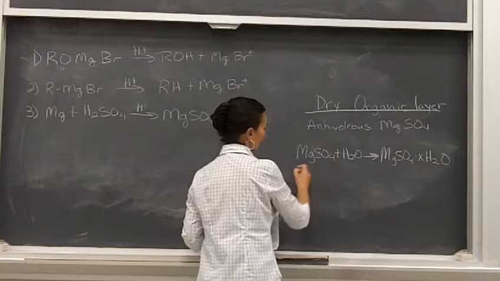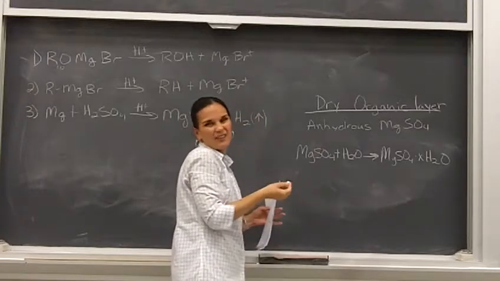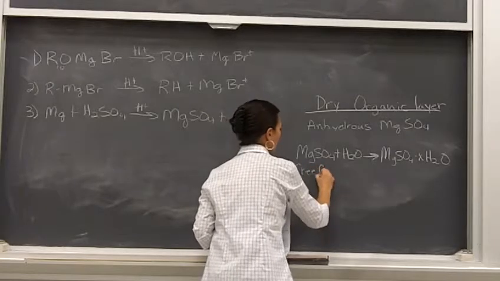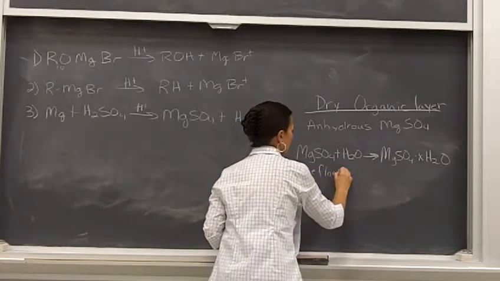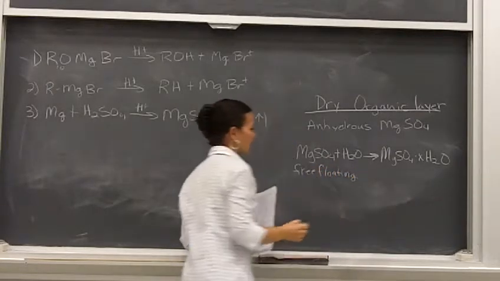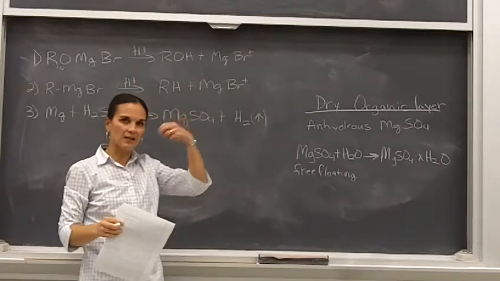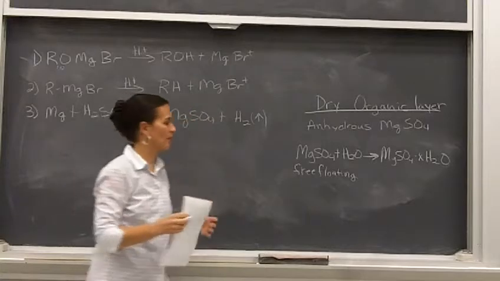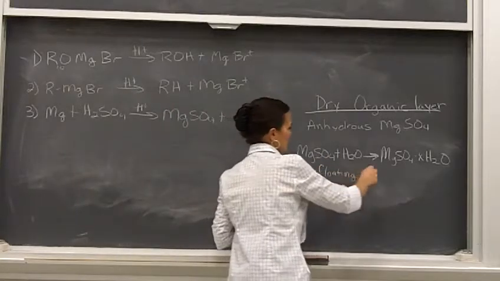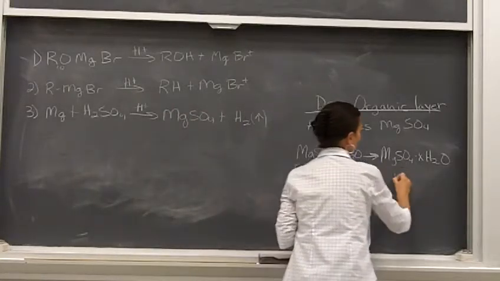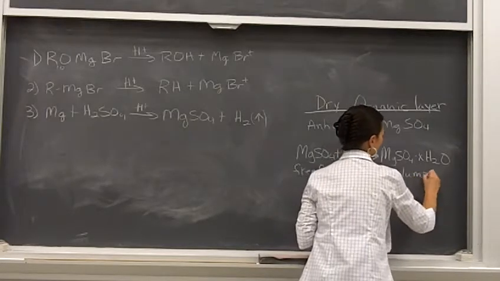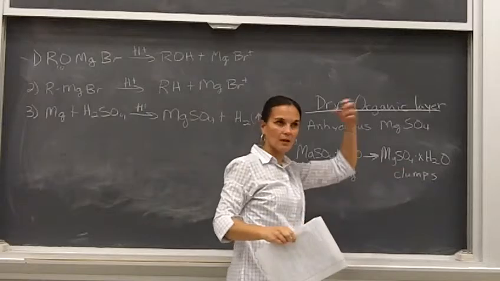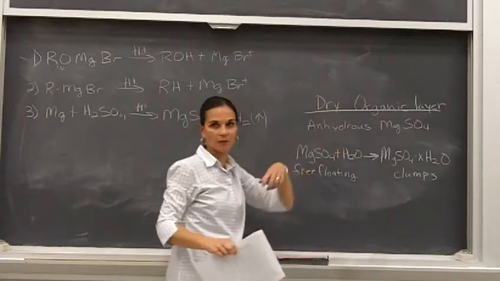So here, the magnesium sulfate kind of looks like flour, okay? It's free floating. When you put it in your organic layer, in your ether layer, and swirl it around, it looks like a snow globe swirling around, okay? When it is done reacting, it forms clumps. So the magnesium sulfate with the water attached is clumps of that floating around, okay?